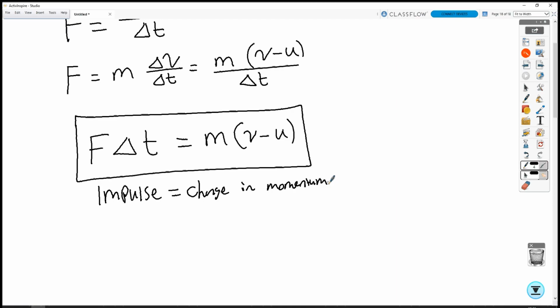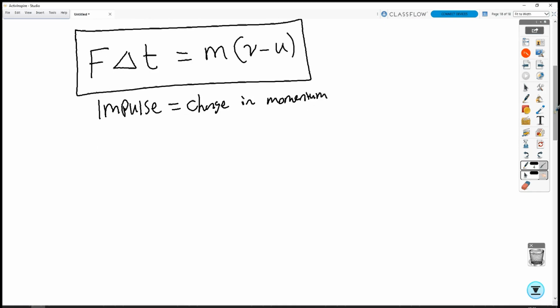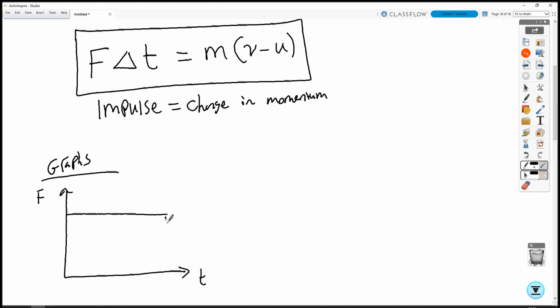If we graph this, we can have two situations. Force can be constant, applied over some time, or force can change over time. So if we have a constant force applied over some time, our graph looks like this. And the area represents the impulse.